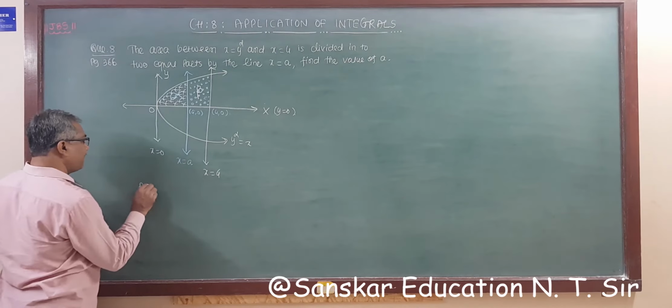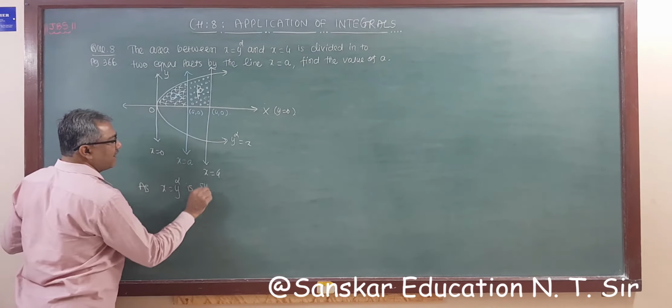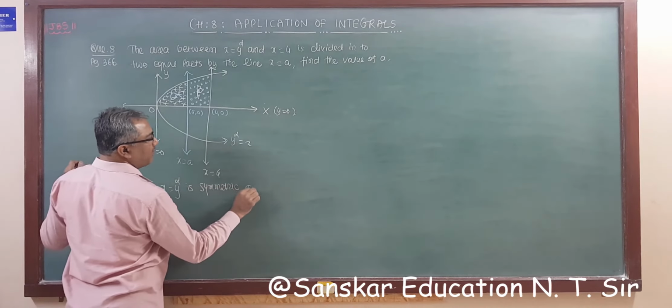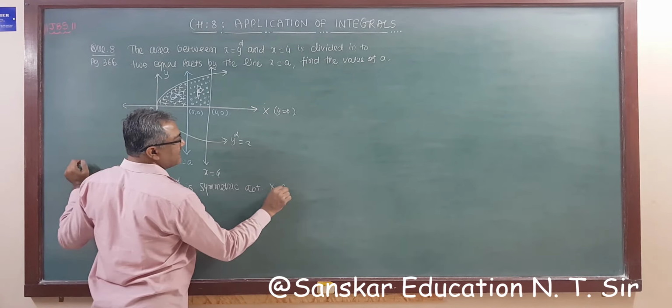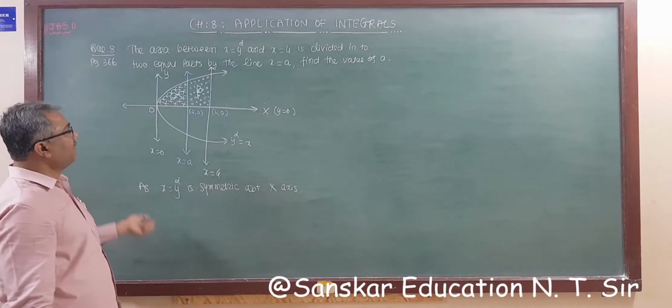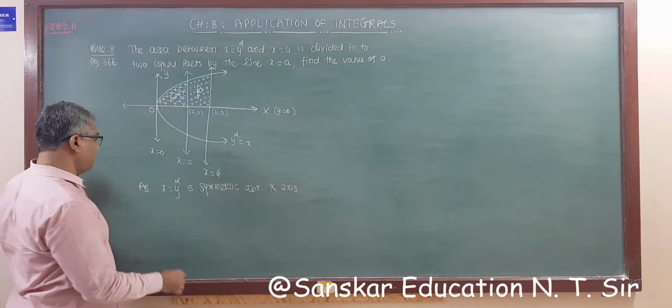So as x is equal to y square is symmetric about x-axis, right? Let this line x is equal to a, right?